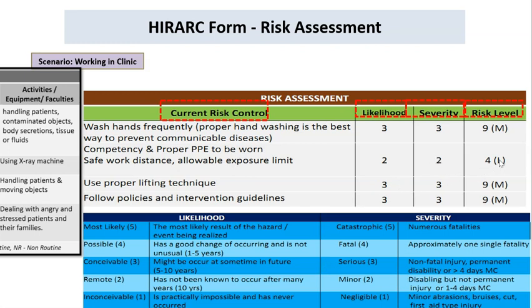So 2 times 2 is 4, and 4 is considered low. And handling patient and moving object: use proper lifting technique, and the likelihood is 3 and the severity is 3, so 9, medium. And the last one, dealing with the angry and stressed patient: follow policy and intervention guideline. 3 times 3 is 9, in the medium category.